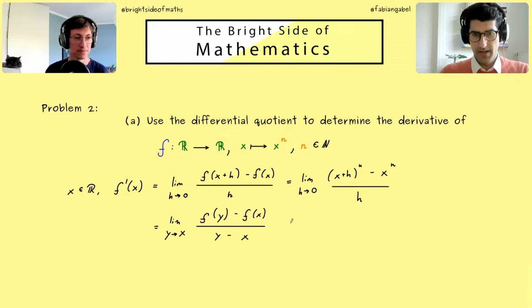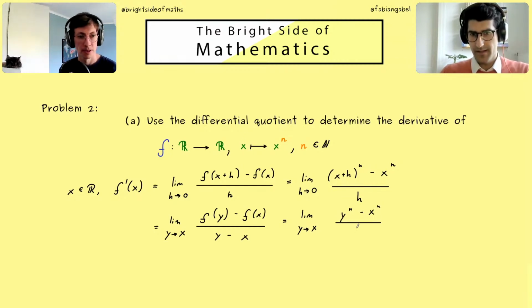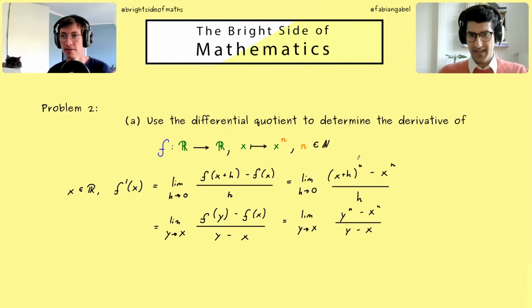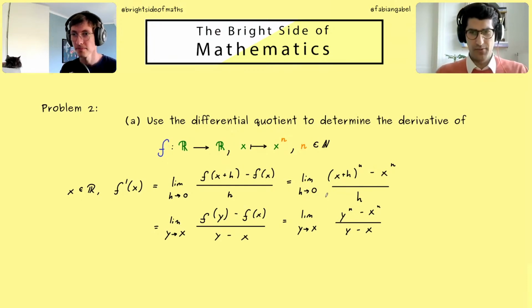If we plug in our example, with y going to x, we would have (y to the n minus x to the n) divided by (y minus x), because now we see some nice symmetry that we can use to come up with a solution.